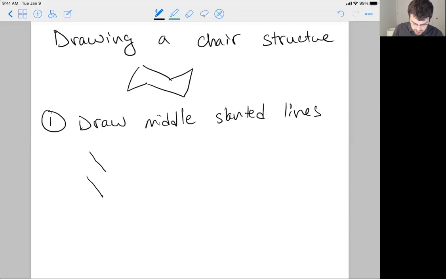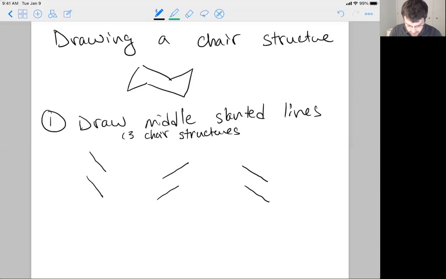So we could draw, and maybe the first two that I draw were a little bit too slanted. It doesn't matter so much, but I'm going to draw these slanted lines offset of each other. And so what I'm drawing here are three chair structures, just because I want to practice, and these things are molecules, so they can rotate and flip and twist around.